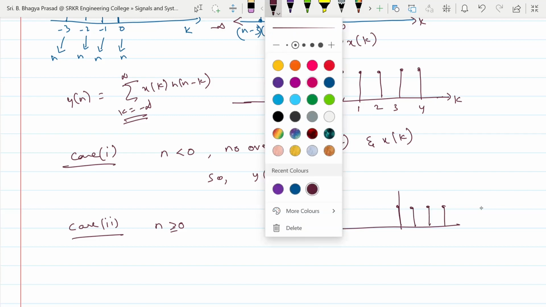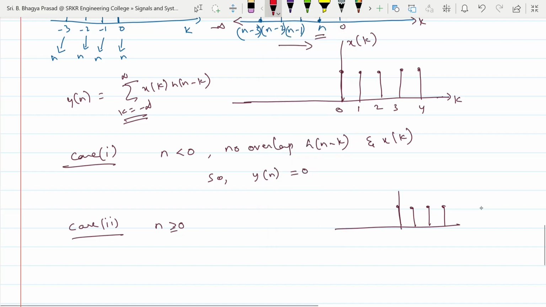and your h of k will be overlapping here also. This is the first point where the overlapping starts. 0 and n, 1 2 3, n minus 1, n minus 2, n minus 3.